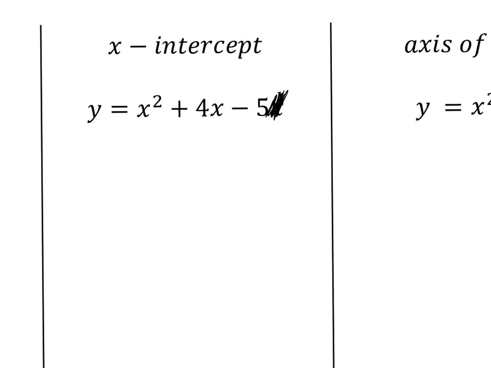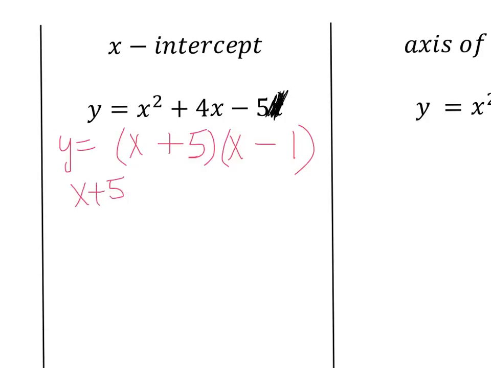We've got y equals x squared plus 4x minus 5. This can be factored, so let's do it. I know I'm going to have an x and an x and a 5 and a 1. And to get a plus 4, I make this a positive and that a minus. And I end up with my x plus 5 equals 0.